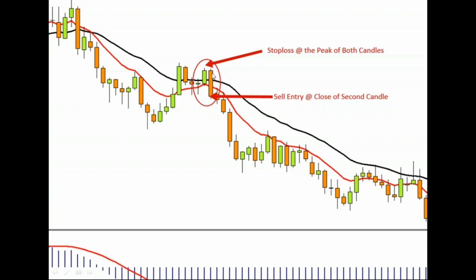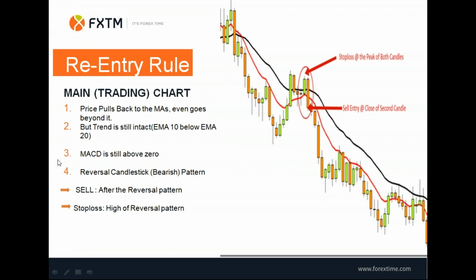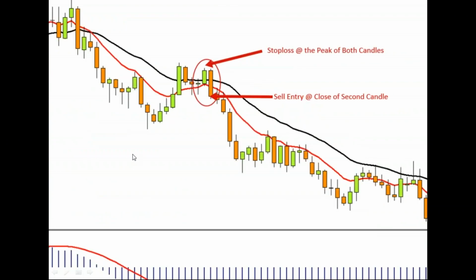We saw our pattern right around that corner, and then we jumped in a sell. I hope you understand. I'm saying that MACD is below 0, and the trend is still 10 below 20. It's not above 0, it's below 0. All right, guys, let's go ahead.